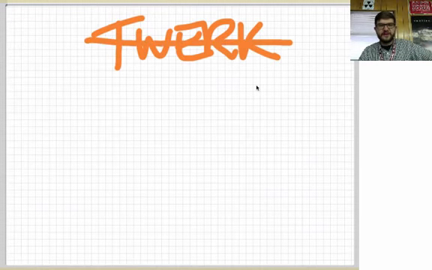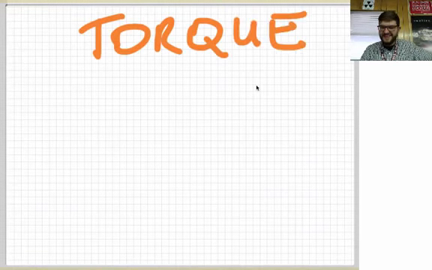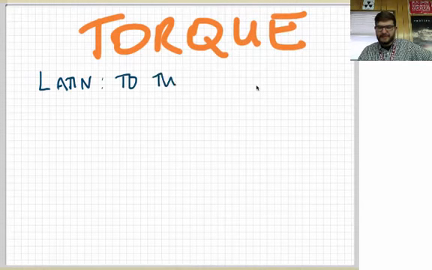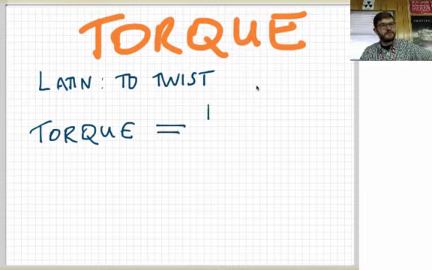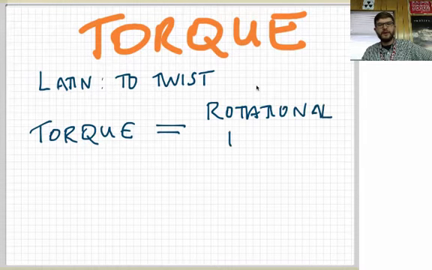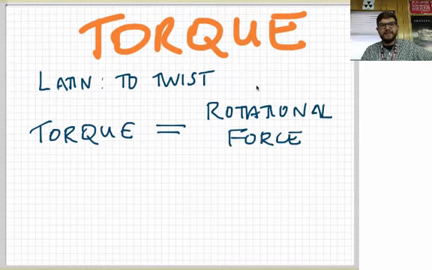So what is torque? Torque comes from a Latin word meaning to twist, and so it has to do with rotational motion. And basically the torque you can kind of think of as the rotational analog of force.